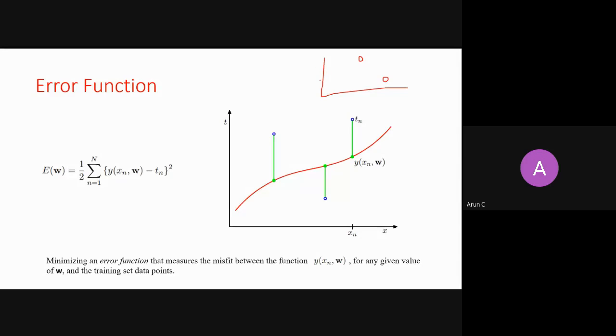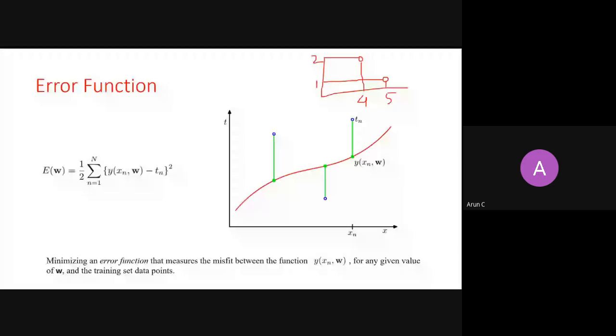Let's say the value of the first point is (1, 1). The x is 1, t is 1, and let's say this other one is (4, 2). So x value is 4 and t is 2.